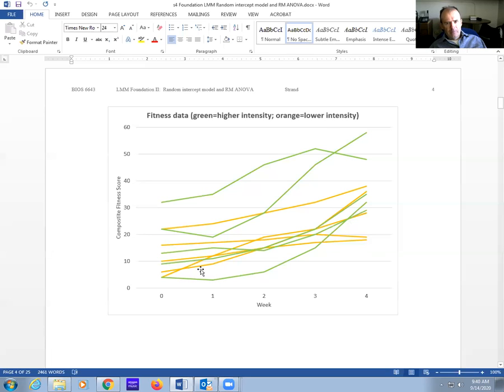The intensity of the program may be pretty tough to see an initial gain, and maybe they get really sore or whatever. But then after 2 or 3 weeks, this higher intensity program seems to have a stronger effect, especially in the second half of this study. So the green slopes higher.